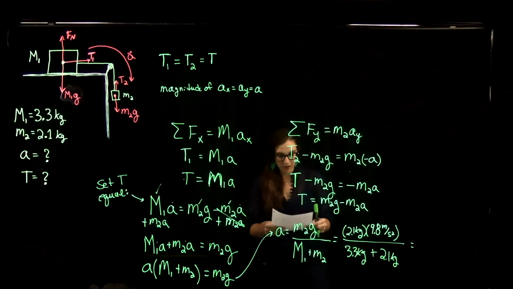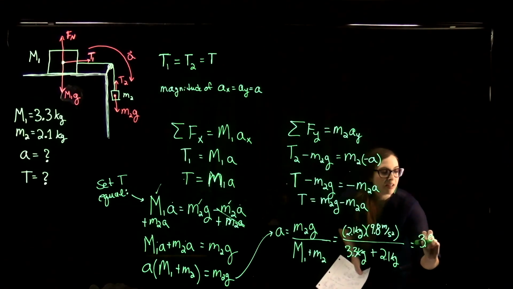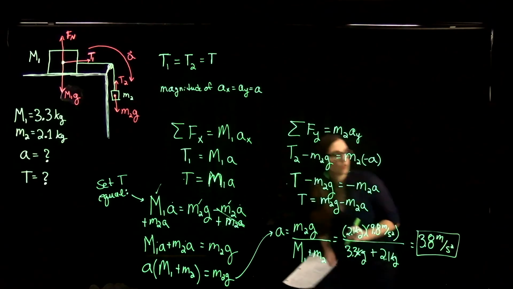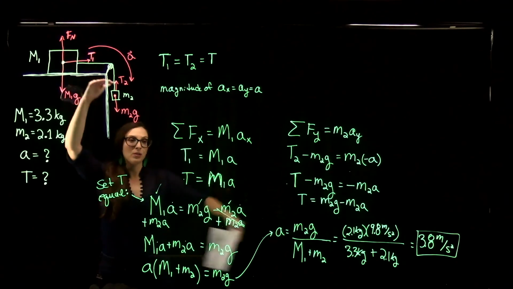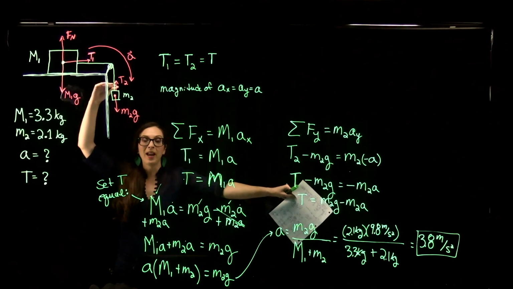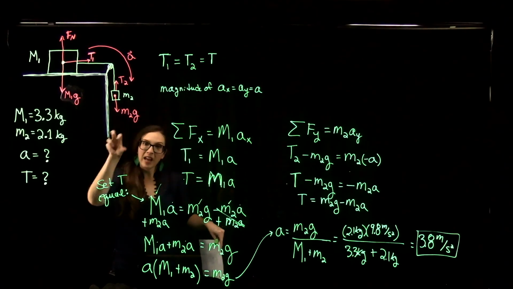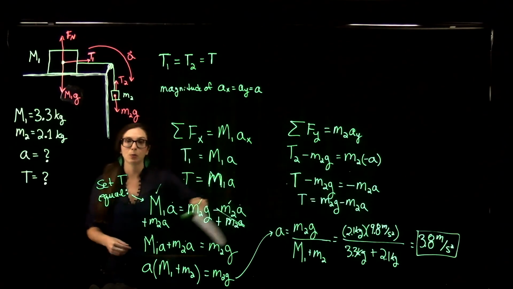And then we find that our acceleration is going to be 3.8 meters per second squared. Okay, so that's one part of the problem. That's our acceleration. This block is moving to the left with that magnitude of 3.8 meters per second squared. Acceleration, this block is falling downward with the magnitude of acceleration of 3.8 meters per second squared.